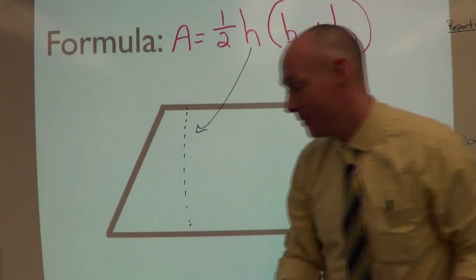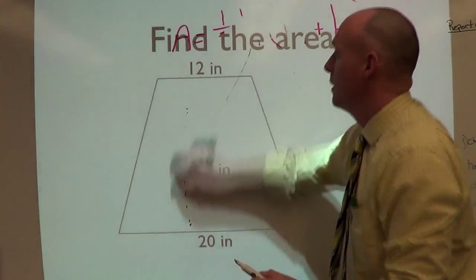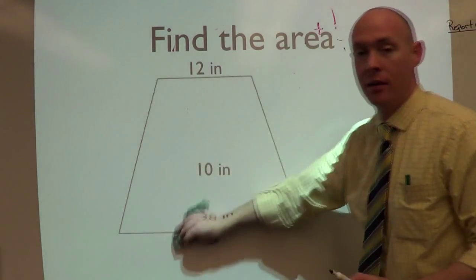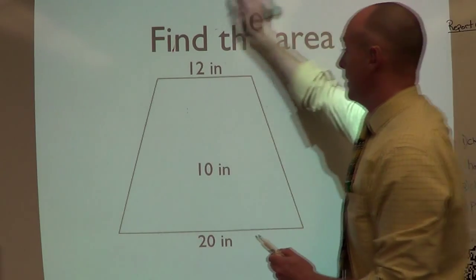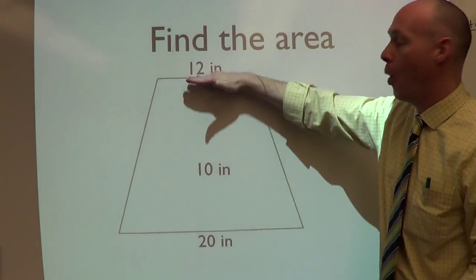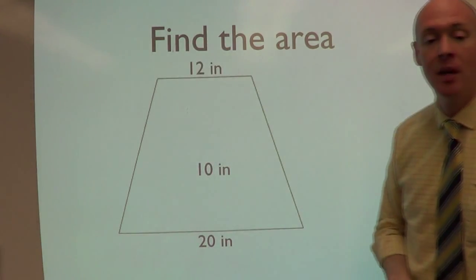Let me show you an example. Okay, here's another trapezoid. I know it's a trapezoid because I see only one pair of parallel lines. Those would not be parallel because they would intersect.